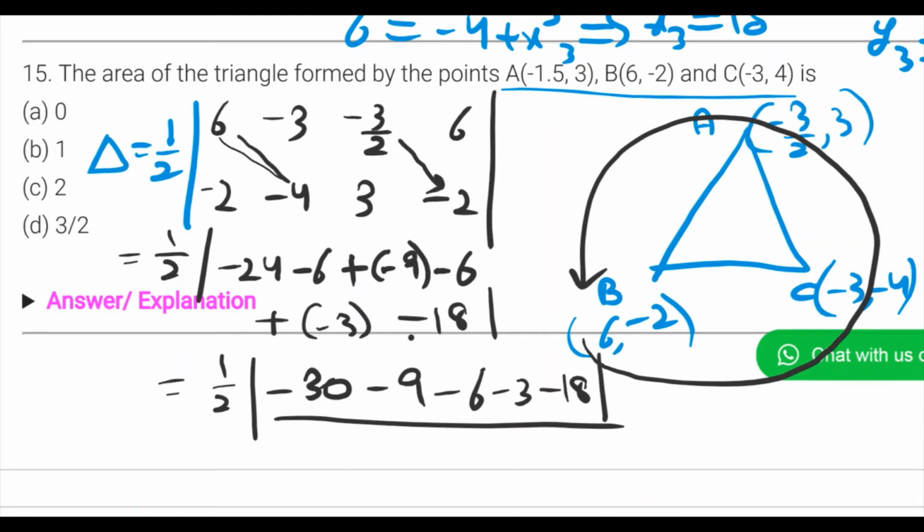6 into minus 4 is minus 24, and 2 into 3 is 6, minus 2 into minus 3 is 6, plus minus 3 into 3 is minus 9, minus 6, plus, okay, this is plus 3, minus 3 by 2 into minus 2 is plus 3, minus 18.